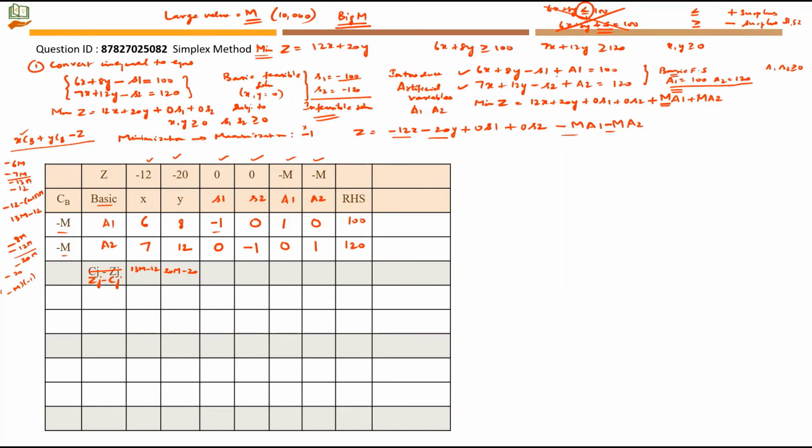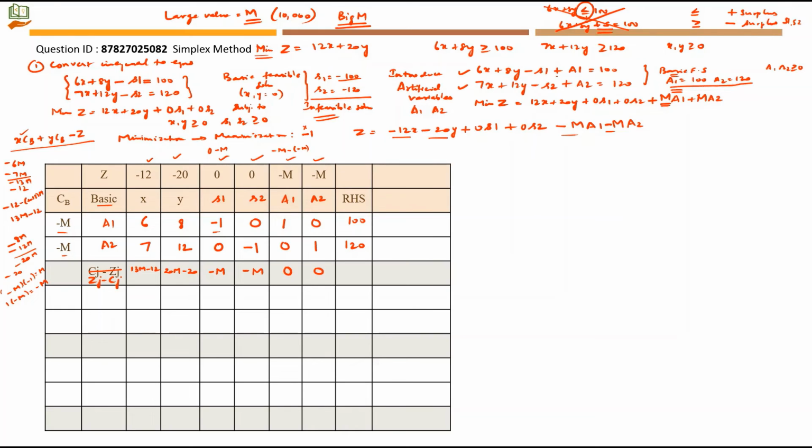Minus 1 into minus m will give you capital M. Then you have to go Z minus C. So here it is 0. 0 minus the positive m will give you minus m here. The same value will be applicable here also. Here you have 1 into minus m. So 1 into minus m will give you a value of minus m. And here it is minus m minus of minus m. So minus m plus m will give you 0 ultimately. So here also you will have 0.